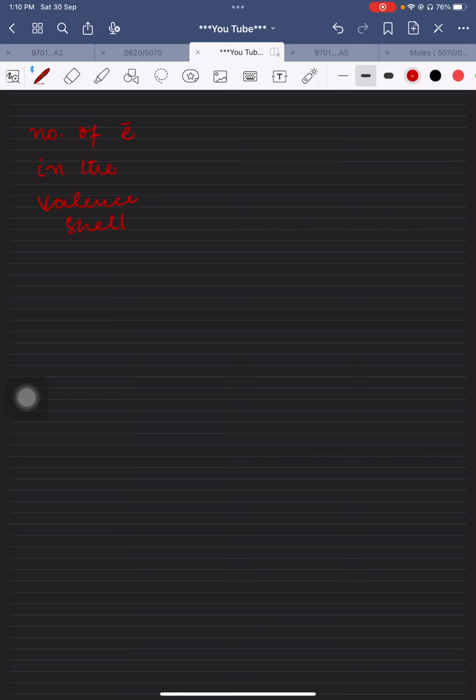Number of electrons in the valence shell is equal to group number, whereas the total number of electronic shells is equal to period number.